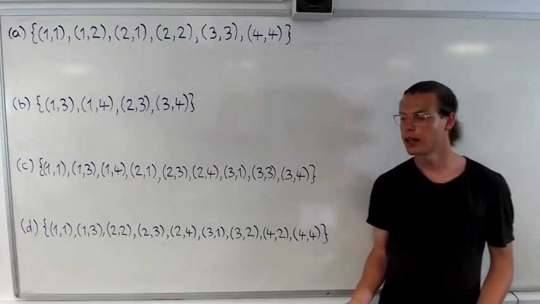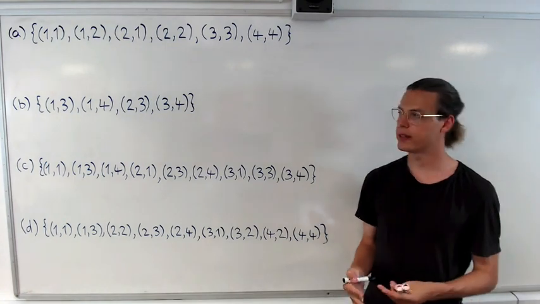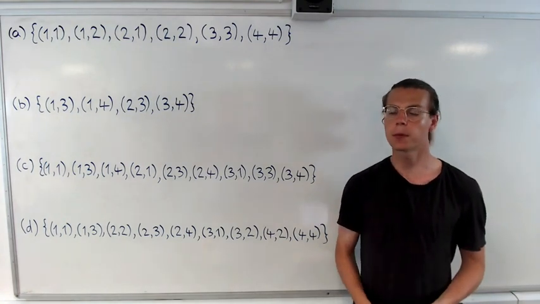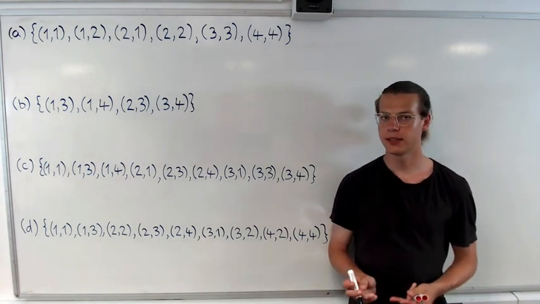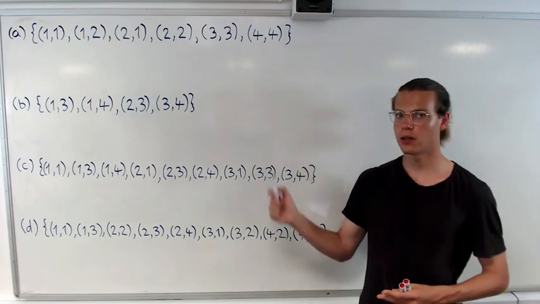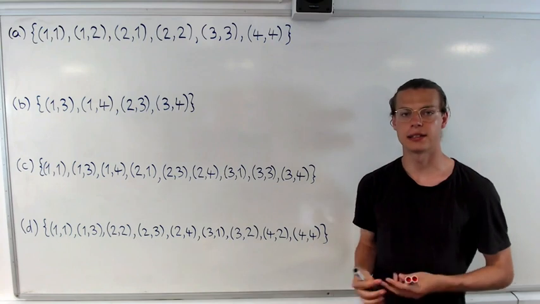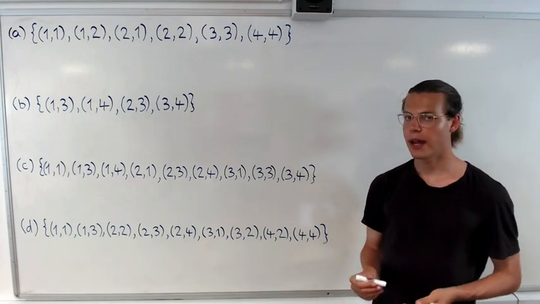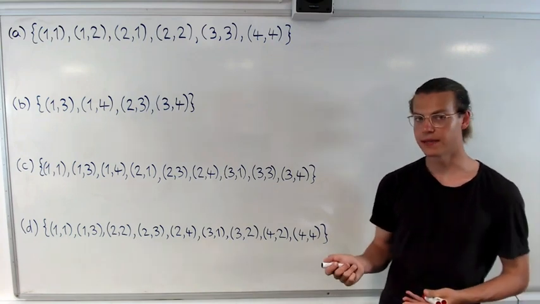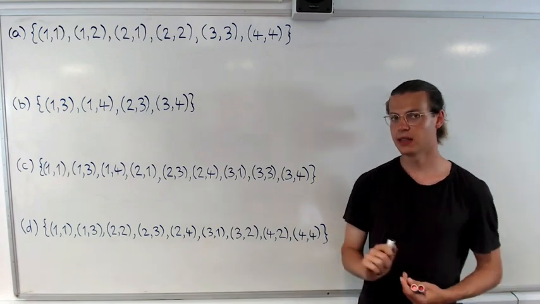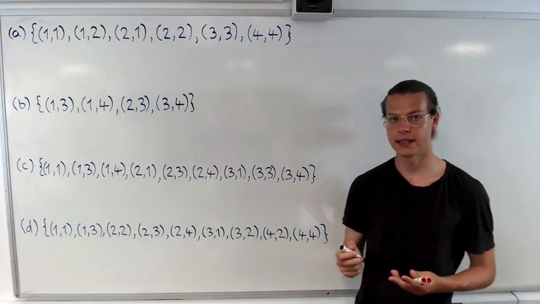In this exercise, we consider relations on the set of positive integers up to 4. Our task is to determine whether each of the relations is reflexive, symmetric, and transitive. Remember, a relation is reflexive if every element of the set is related to itself.